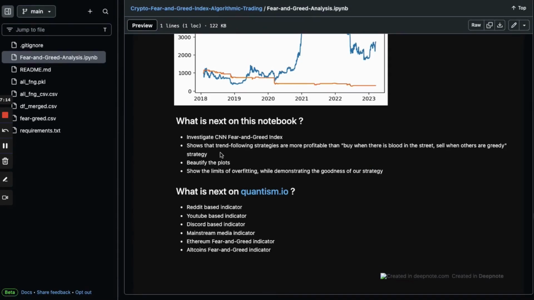So far it only takes into account Twitter data, and it will be interesting to take into account Reddit data, YouTube data, Discord data, etc.